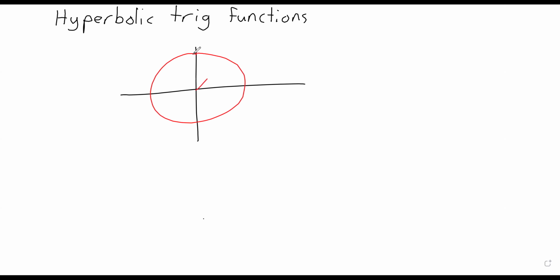You know, we have an angle, and this defines a point on the unit circle, and the x coordinate gives us the cosine, and the y coordinate gives us the sine.